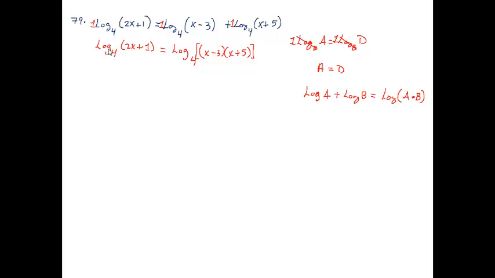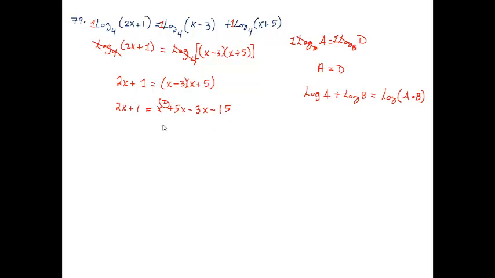Okay, well, they're the same log with the same base, so in essence that's gone, and just their arguments are equal. 2x plus 1 equals x minus 3 times x plus 5. Okay, let's solve for x now. So 2x plus 1 equals x squared plus 5x minus 3x minus 15.